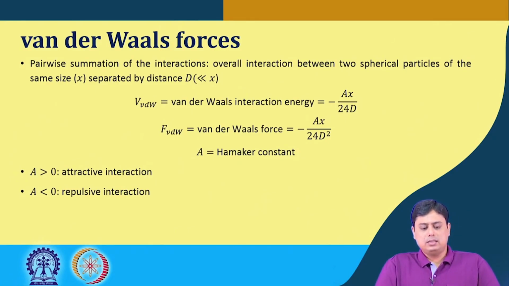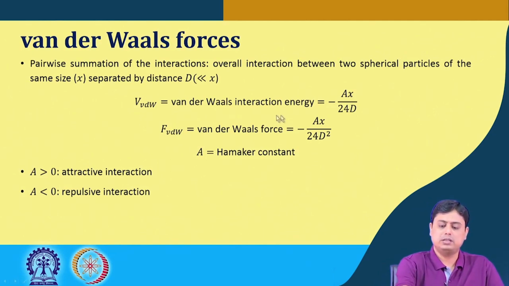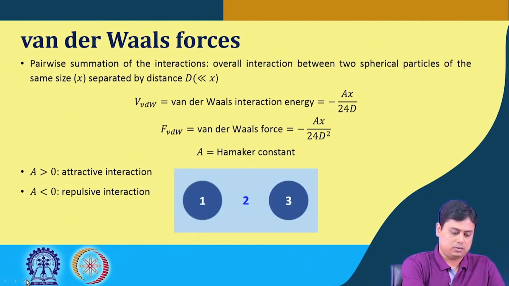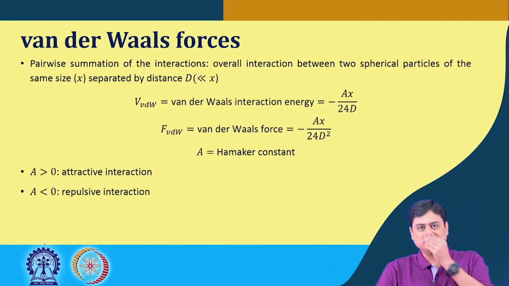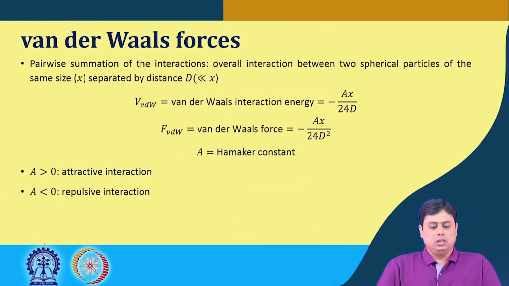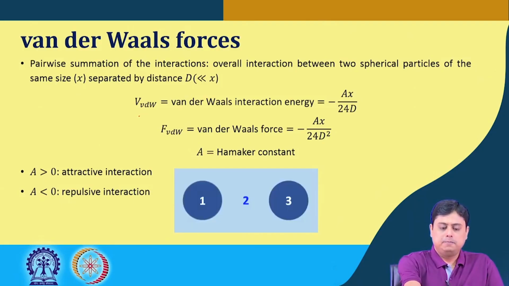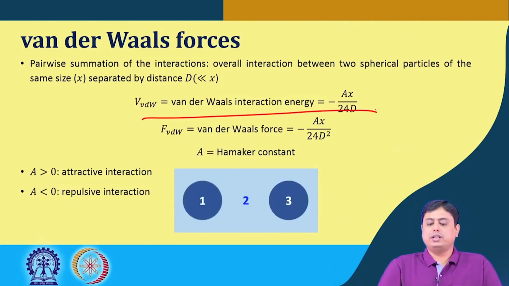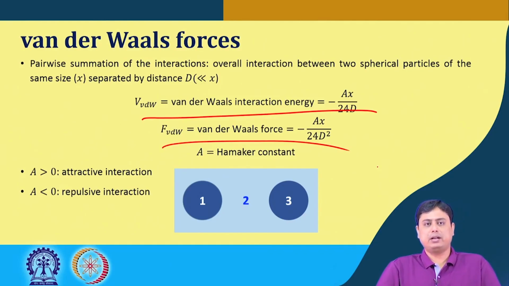In this case, the van der Waals interaction energy can be expressed by this expression. So, this is the van der Waals interaction energy and this is the van der Waals force expression, where A is the Hamaker constant.